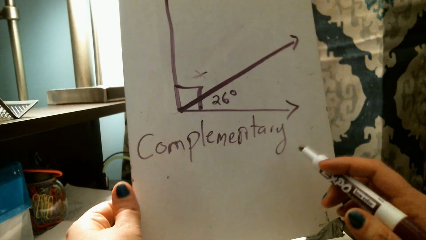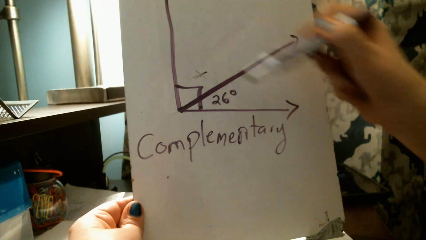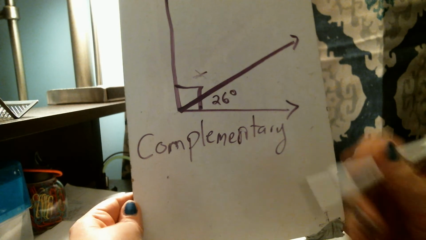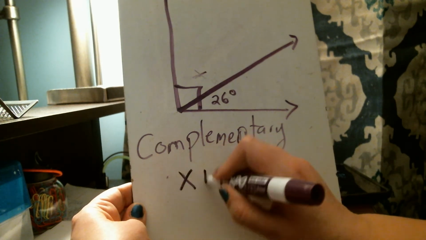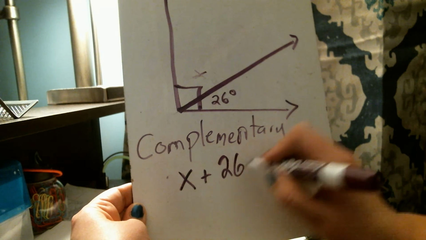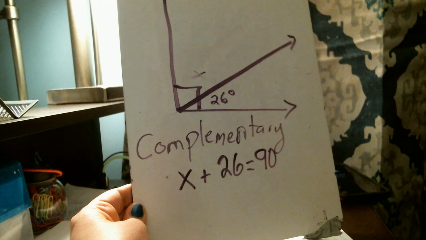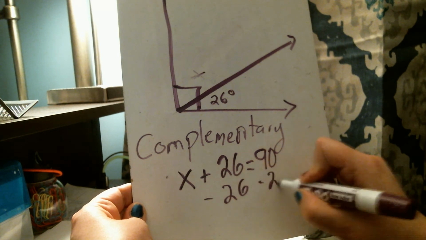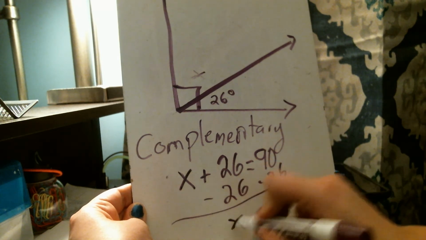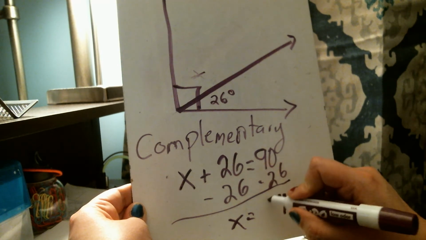All right, so these are complementary angles, and we know about complementary angles that there are two angles, when added together, they make a 90-degree angle. And so that means that their sum, the addition, is equal to 90 degrees. And again, we are going to subtract 26 from both sides, and we'll get x equals, what is it, 64?